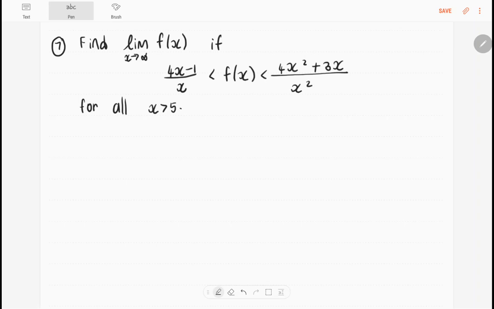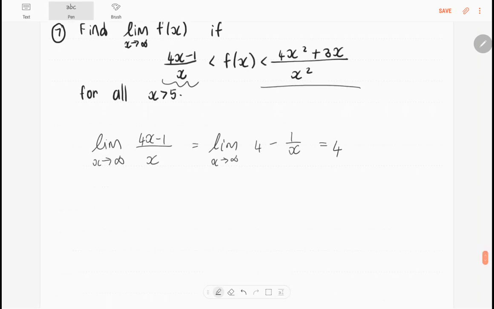So what we're going to do is look at the limit of 4x minus 1 over x as x approaches infinity, so the left-hand side. This is going to be the limit as x approaches infinity of 4 minus 1 over x, and that is simply 4.